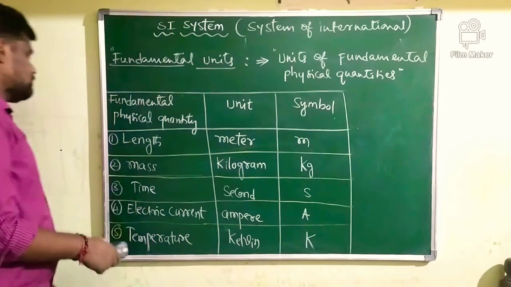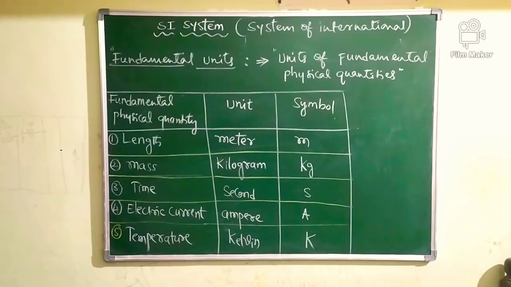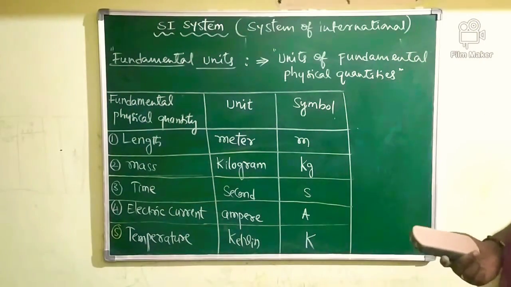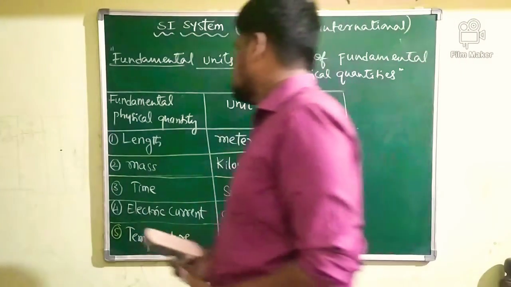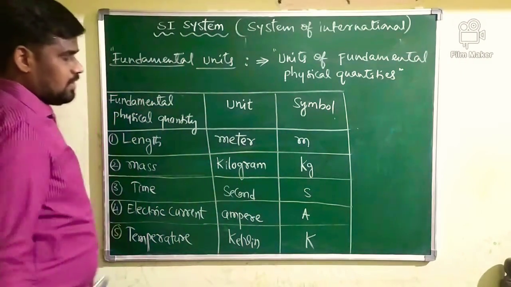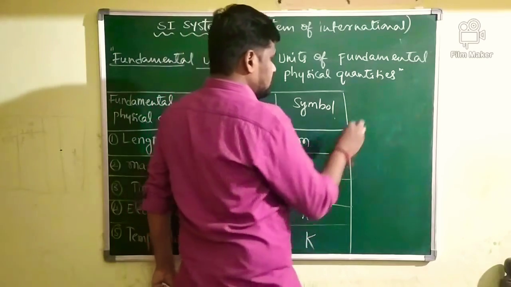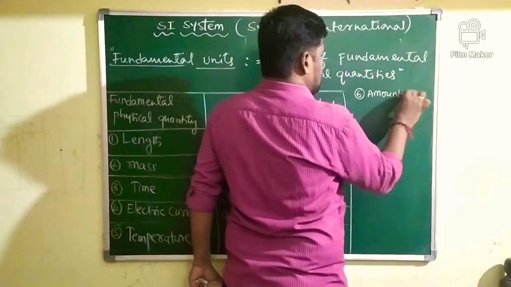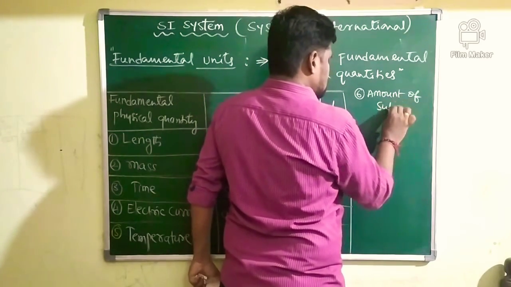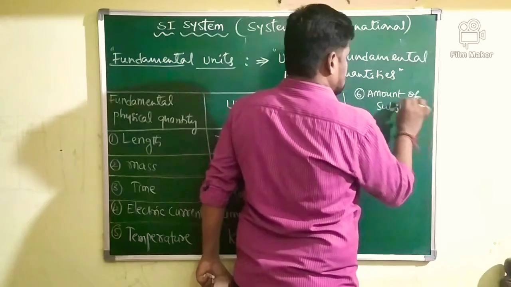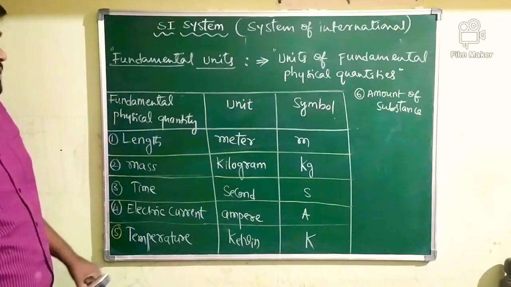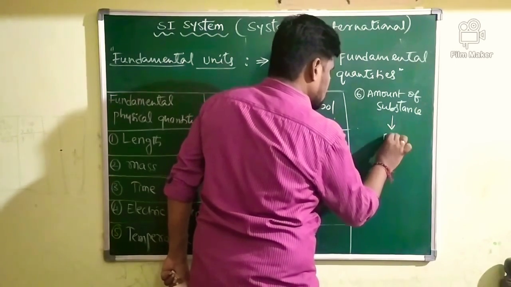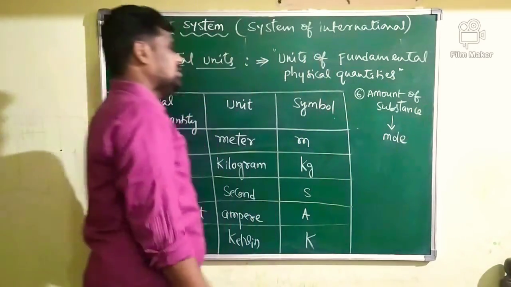Next is the sixth one. The sixth one is, of course, what? Amount of substance. Okay, I will write here. The sixth one is amount of substance, and its SI unit is mole.